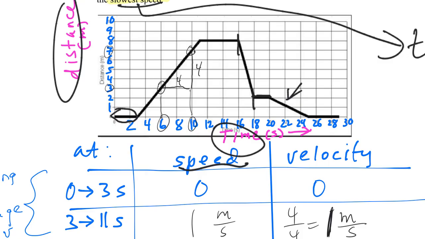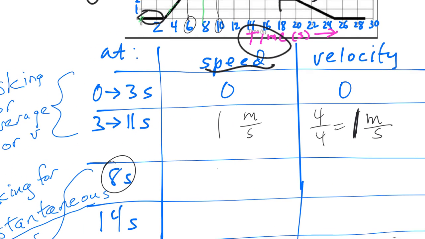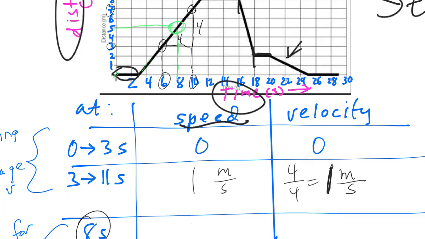So at the 8-second mark, you're not going to do 5 divided by 8. You only can do that if that section starts at 0, 0, which it doesn't. So instantaneous velocity is the same as the average velocity of the line that point is on.